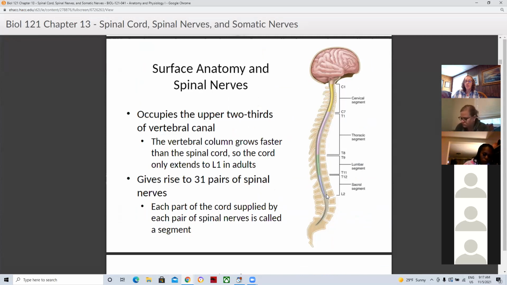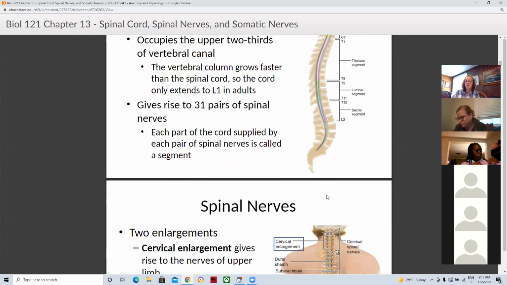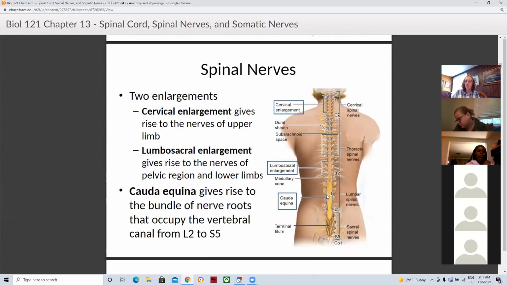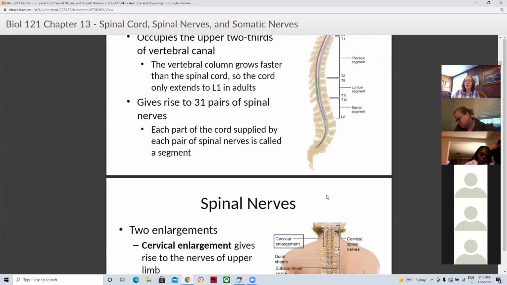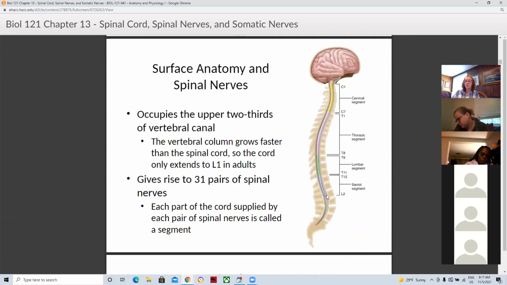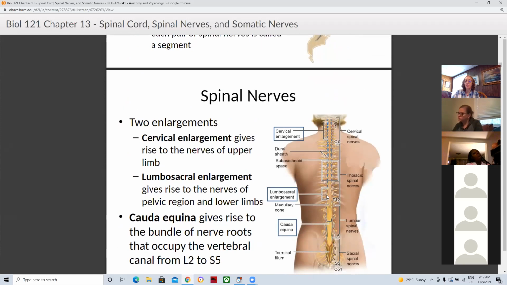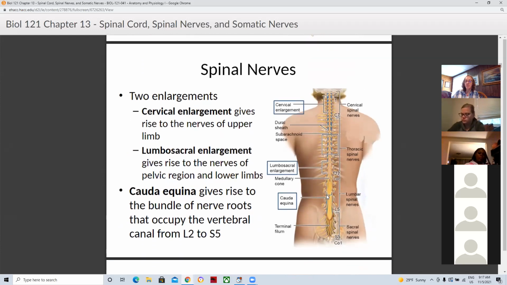But each part of the cord is supplied by one pair of spinal nerves. And so there would be 31 parts, or 31 segments.